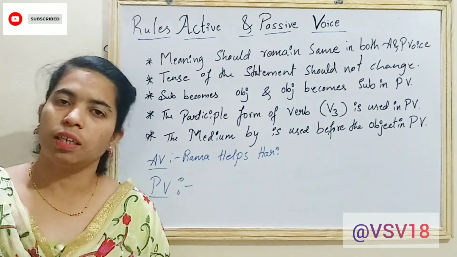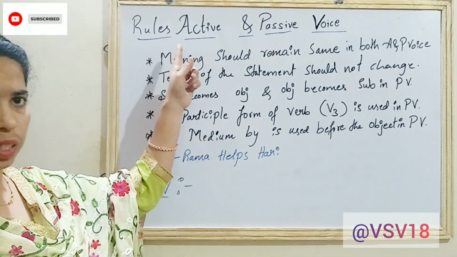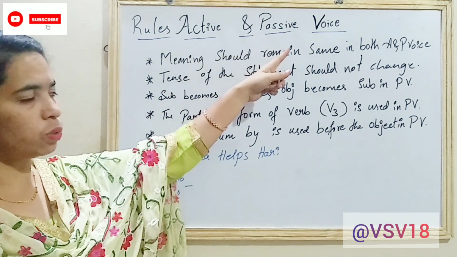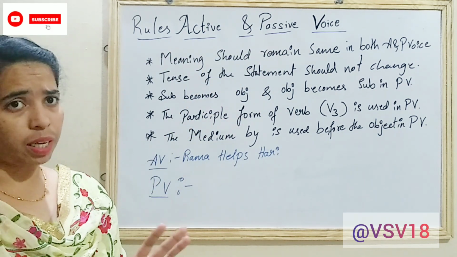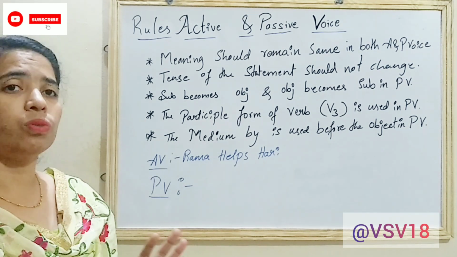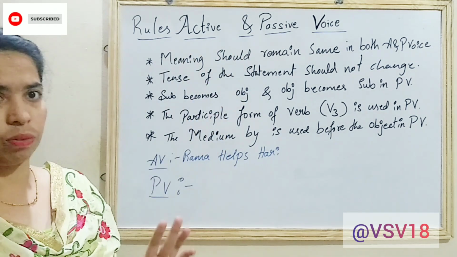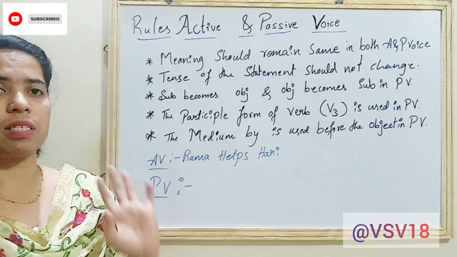Now let us learn the rules of converting active to passive voice or from passive to active voice. Both remain the same. I will tell you what not to do while changing from passive to active. Now let us learn changing from active to passive.